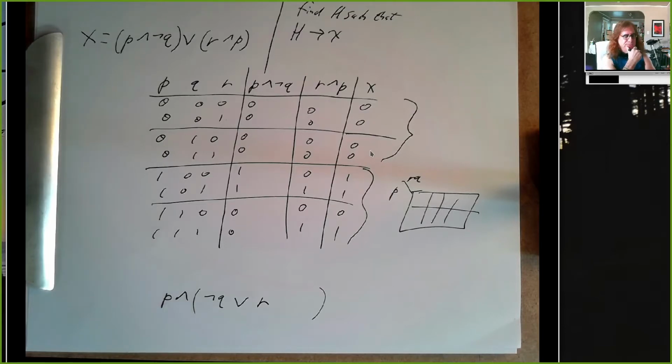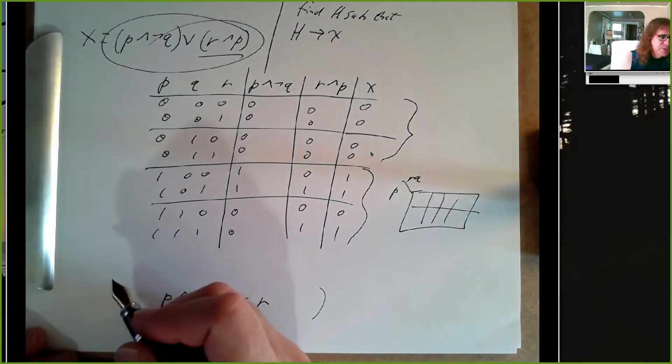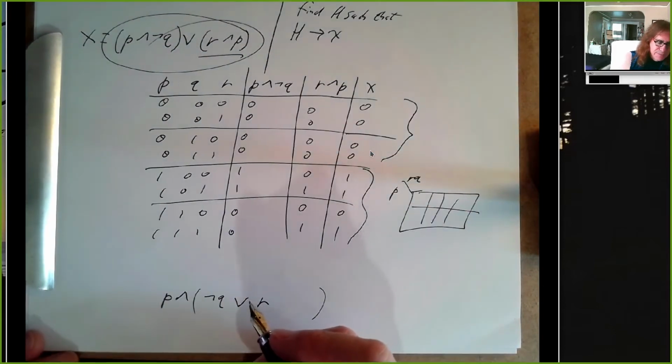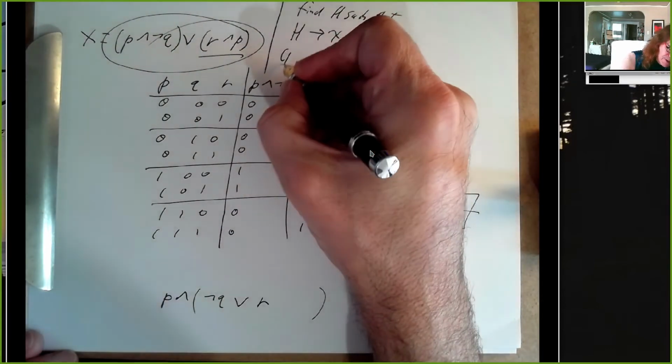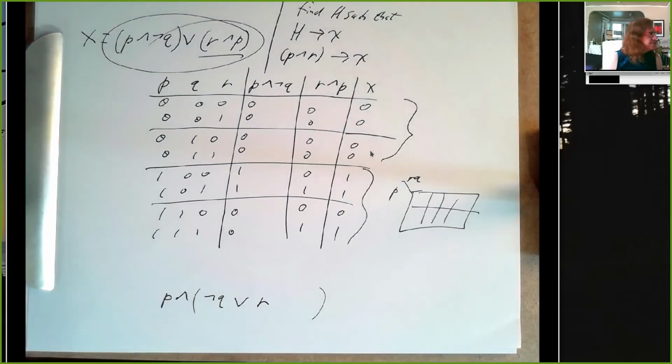P and R. Why would P and R imply X? Because if P and R is true, this whole thing is true, right? Because it's a disjunction. So just knowing that P and R is true, that's enough to guarantee that X is true.